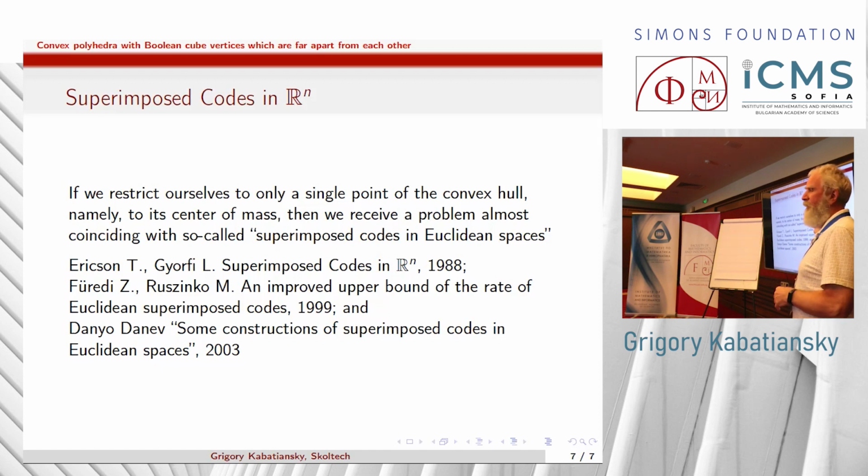And they were taking all the sums. They wanted the sums of the vectors to be different from one another. Of course, it's a much easier looking problem, but still something known. That's the end. Thank you for your attention.